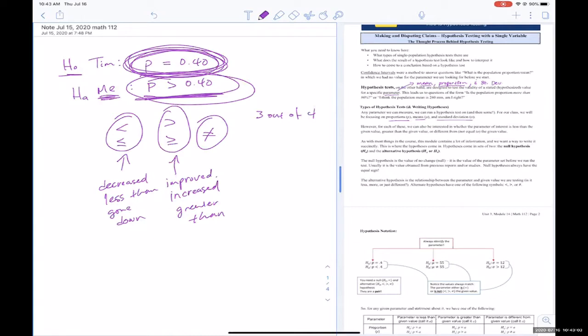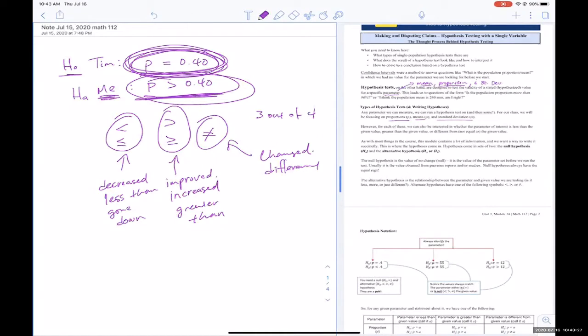This one right here, not equal to: has changed, is it different? These are keywords that we use to indicate that it is not equal to. Okay, so far so good.